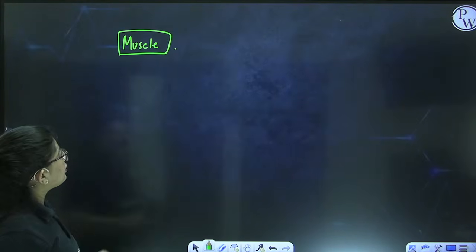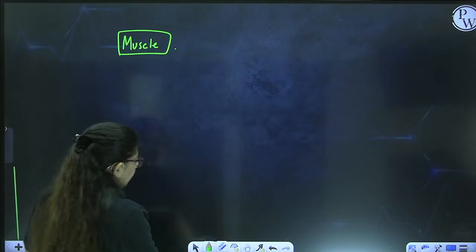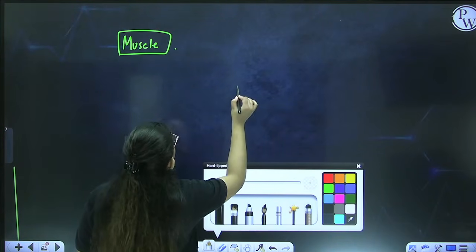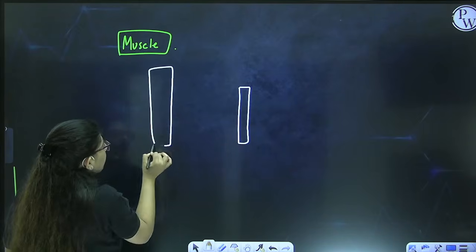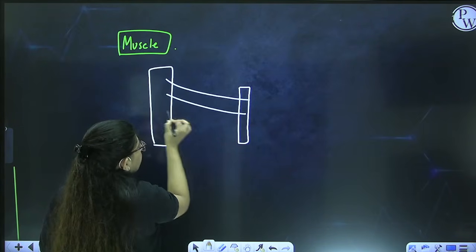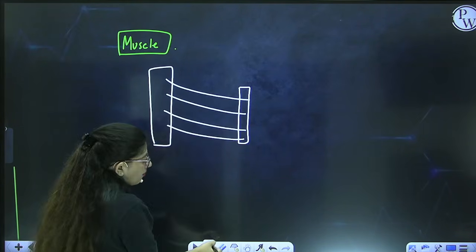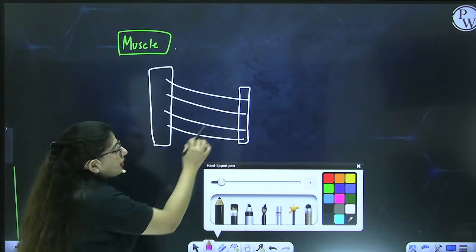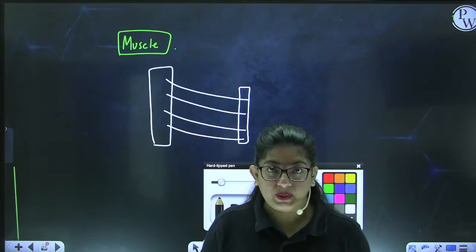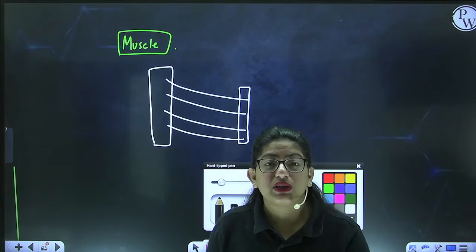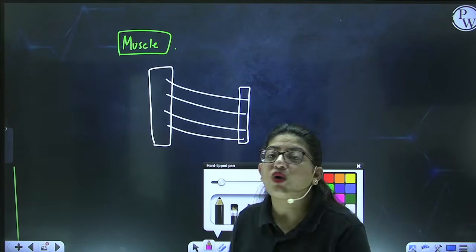The first type of question can be asked from this portion. The second type of question can be from the muscle portion. Now, what are the muscles? Imagine this is your rib cage. In the rib cage, we have the sternum, the thoracic vertebrae, and the ribs. There are muscles present in between the ribs, and the space between two ribs is known as the intercostal space.